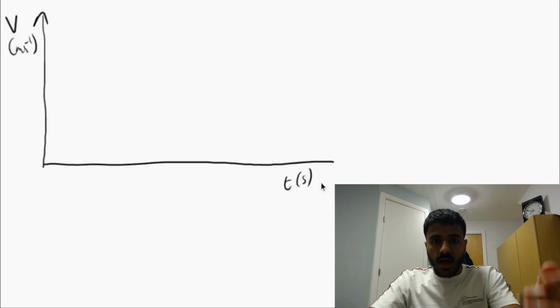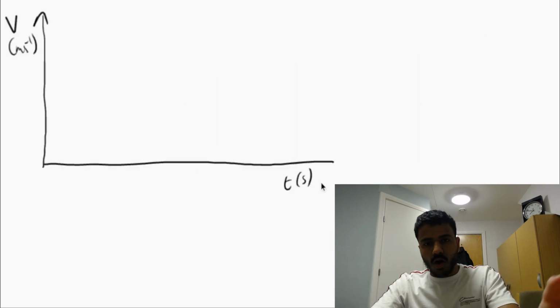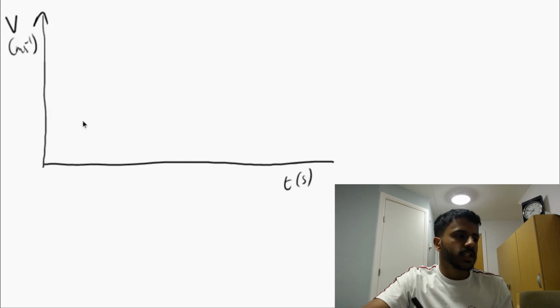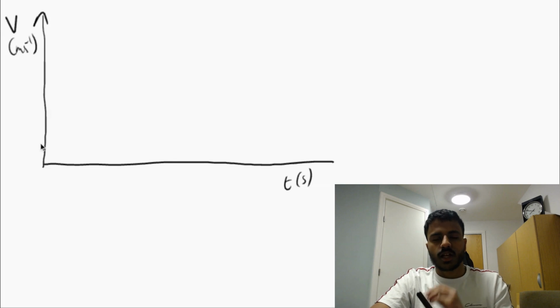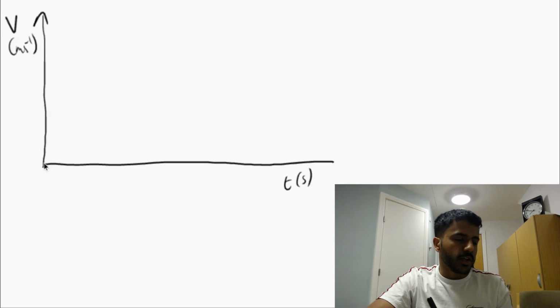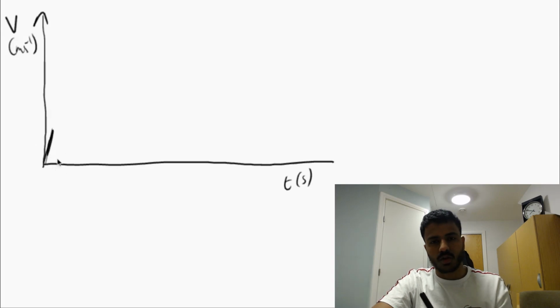So let's look at what a velocity time graph will look like for this scenario. Initially, we said that the skydiver was going to be accelerating due to gravity and gravity only. So it's going to have quite a steep gradient, where the gradient of this line is equal to g. So at this initial portion of the graph, the instantaneous gradient at the origin is going to be equal to gravity.